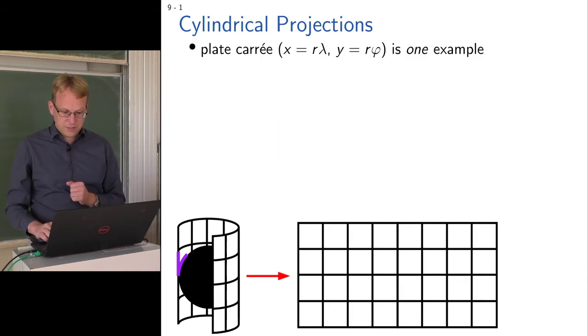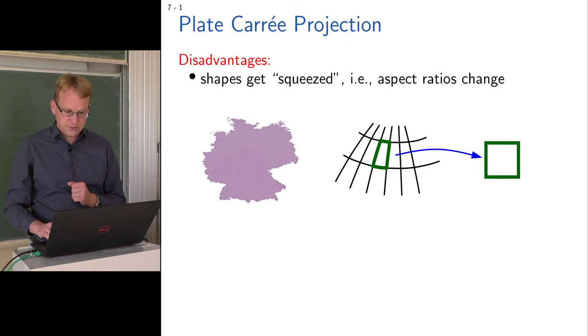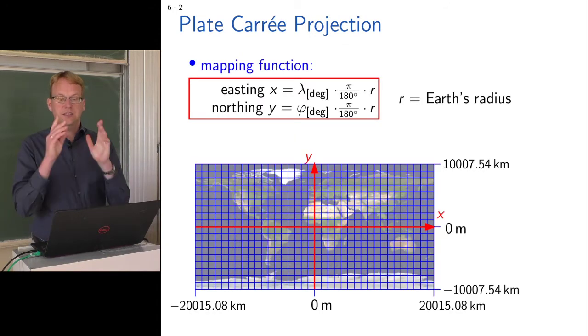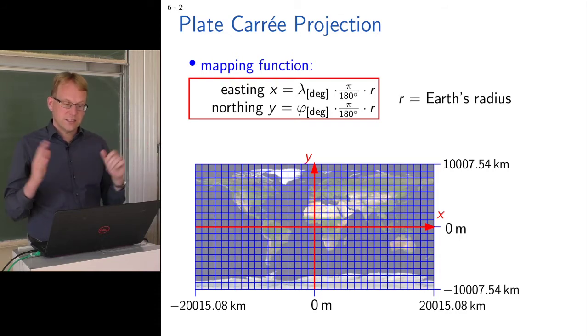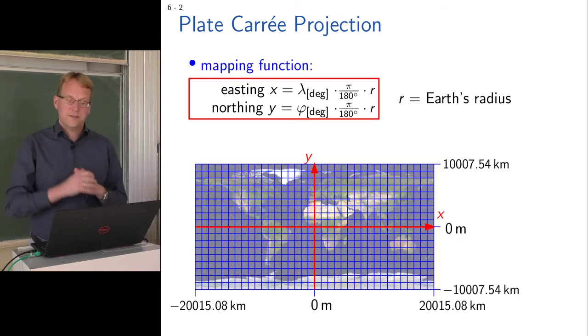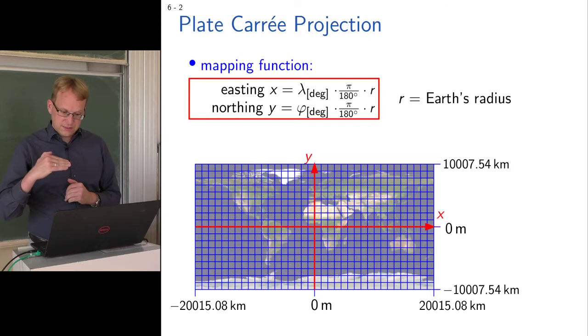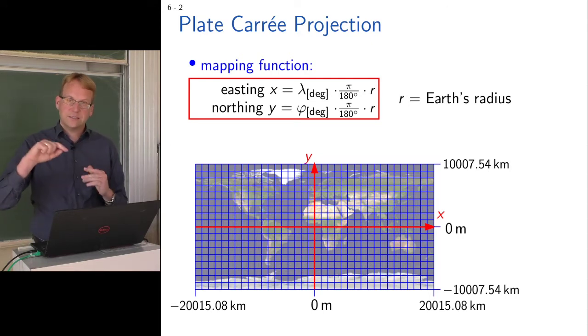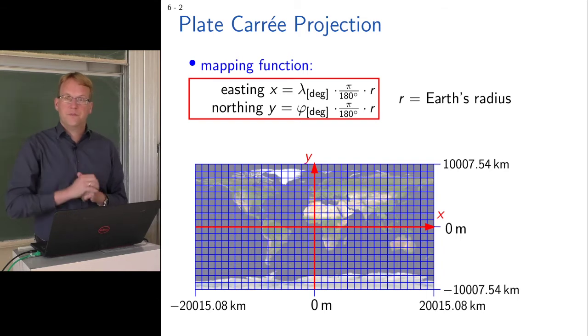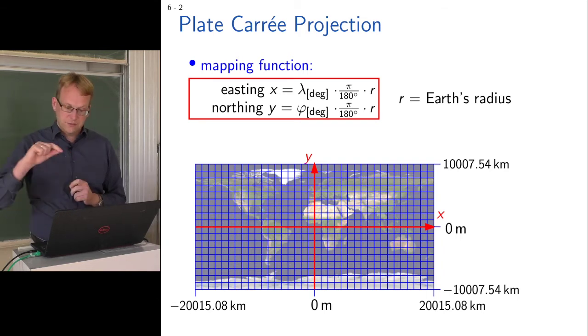If we go back to this slide, you can see that the equator is presented at exactly the correct length, and the same with these meridians from minus 10,000 kilometers to plus 10,000 kilometers. That reflects half the perimeter of Earth from the South Pole to the North Pole.